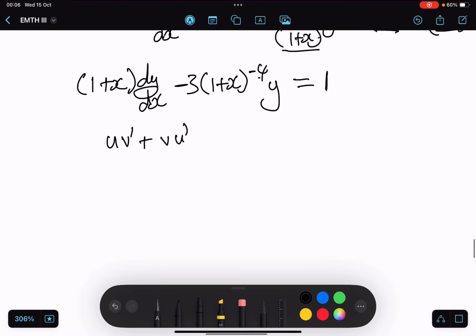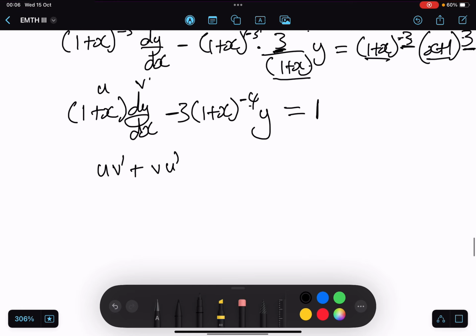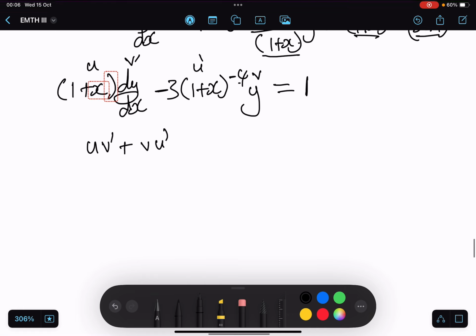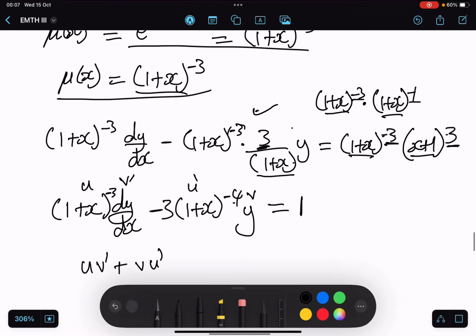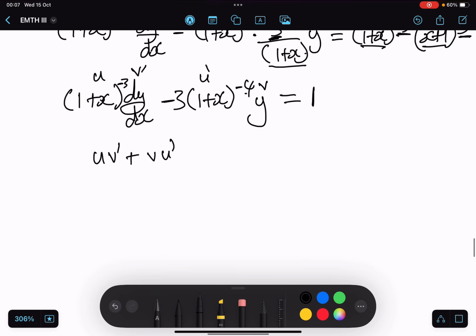Here this is our u, this is our v, and this is our v dash, and here we have our v, this is our u dash. Because this is to the power negative 3, since we are multiplying by the integrating factor. This is (1 plus x) to the power negative 3.